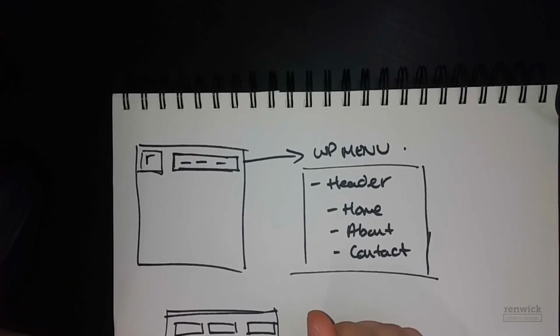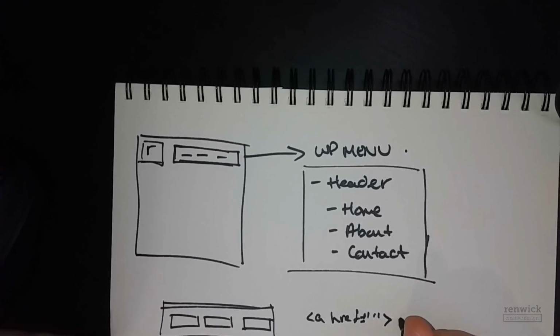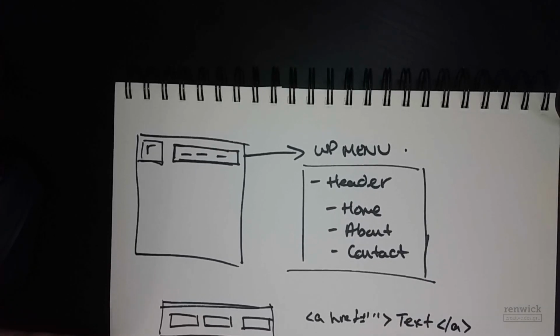So each one of them will have an A, then the reference to its source, right? And then inside of that we'll have the actual text itself, right? And close that off. But now we can decide how we want to display this. Are we going to display it in a list in terms of like a vertical list, or we can display them like a text menu horizontally?